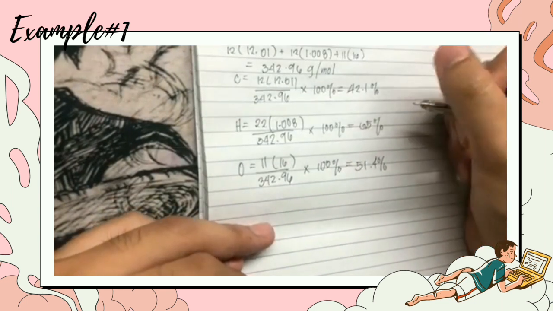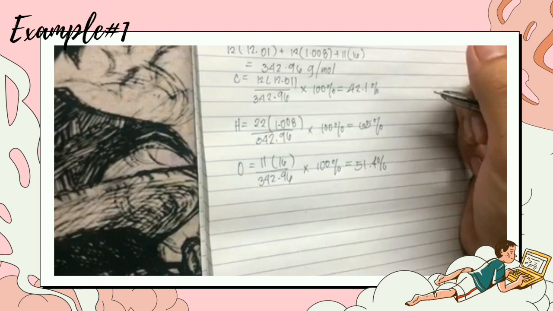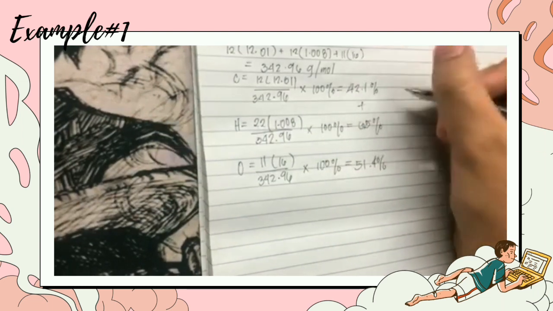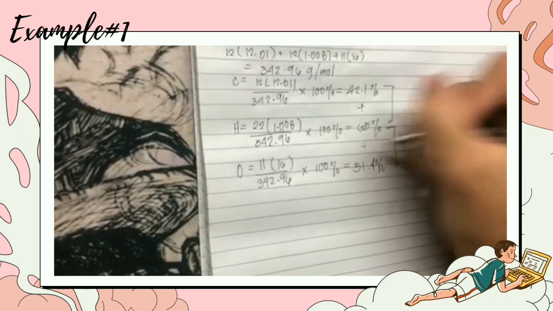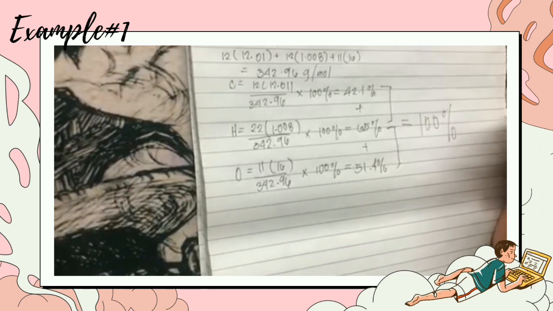Then third step, you need to add all of the answers from step 2 and the result must be 100%. Now add all of this, and the result is 100%, which is correct.